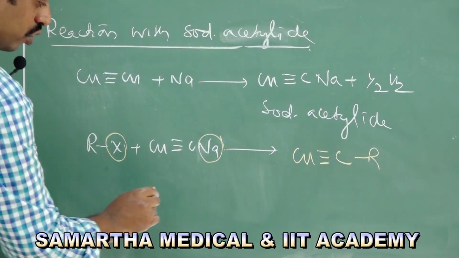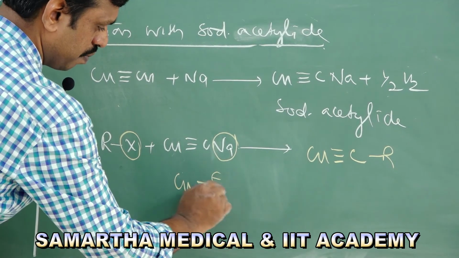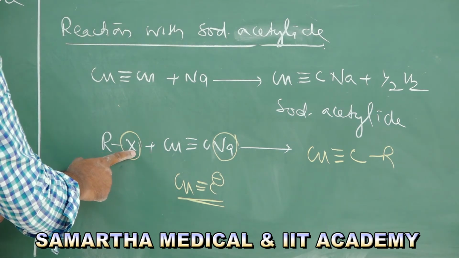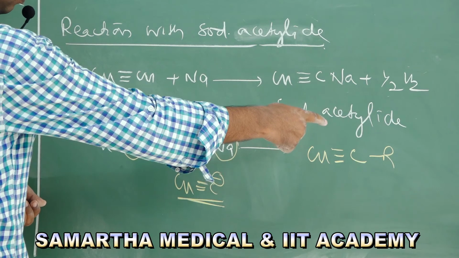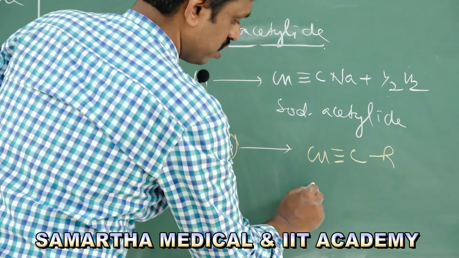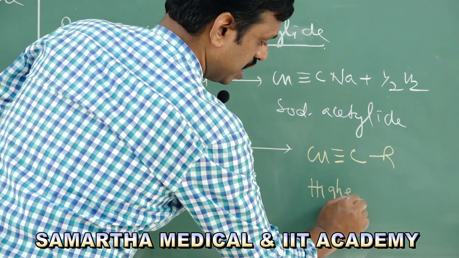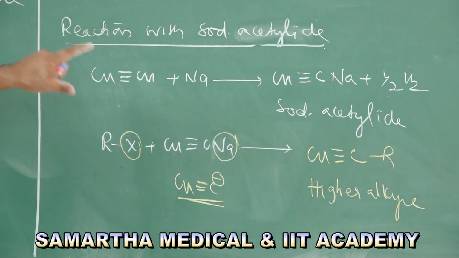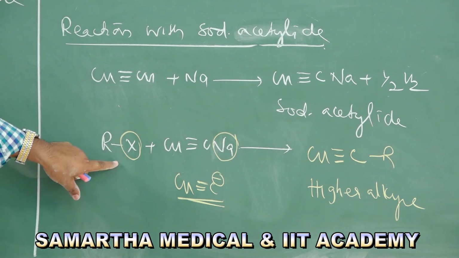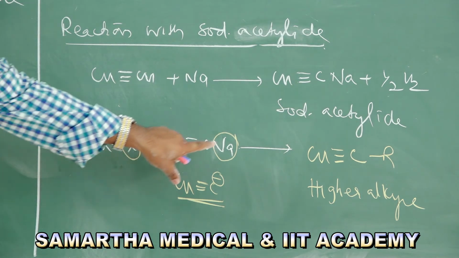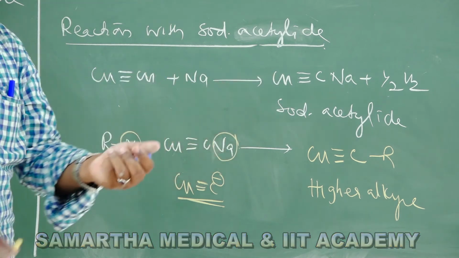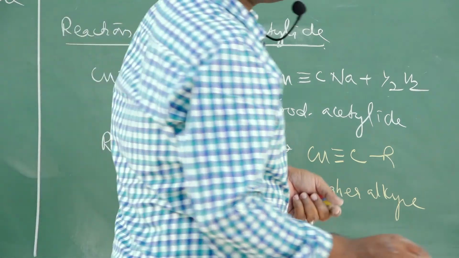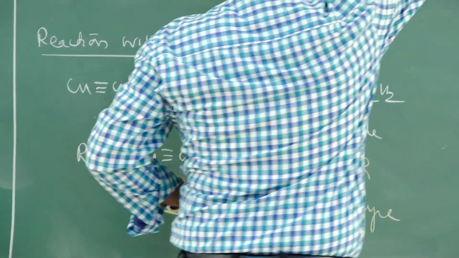Can you tell me what the nucleophile is here? CH triple bond C minus is the nucleophile. So this X minus is replaced with this nucleophile. The product is called a higher alkyne. Therefore, tell me what is the reaction? Alkyl halide reacts with sodium acetylide to form the corresponding higher alkynes. So these are some important nucleophilic substitution reactions.